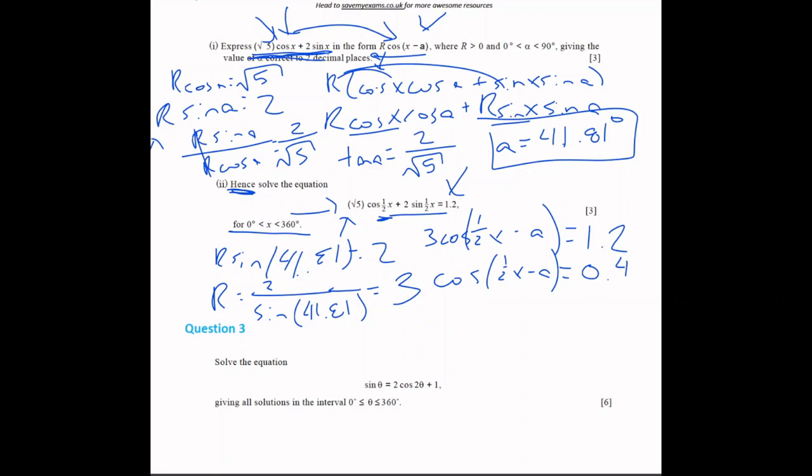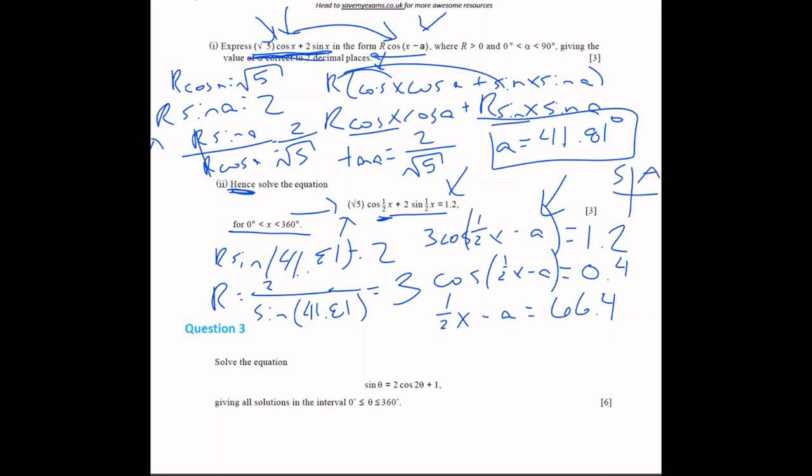I got 66.4. Of course, there are a bunch of extra numbers at the end, but I'm just writing down one figure for the sense of the paper. 1/2 x minus a would be equivalent to 66.4. I'm also going to have another answer, and I have to consider that other answer before I do anything inside those pesky parentheses.